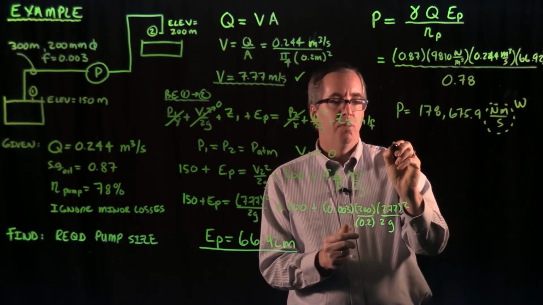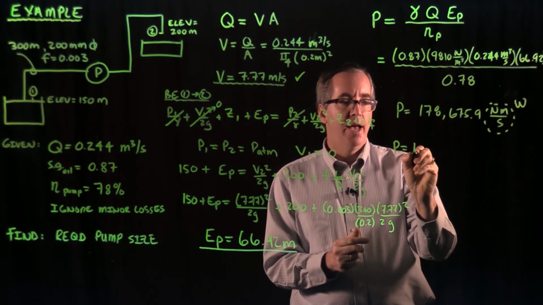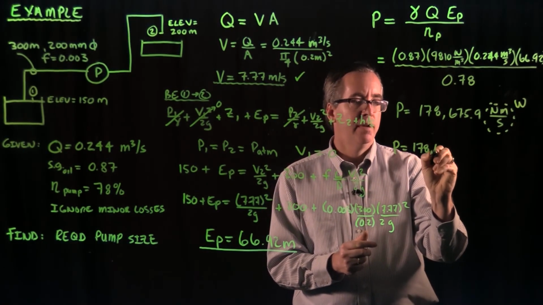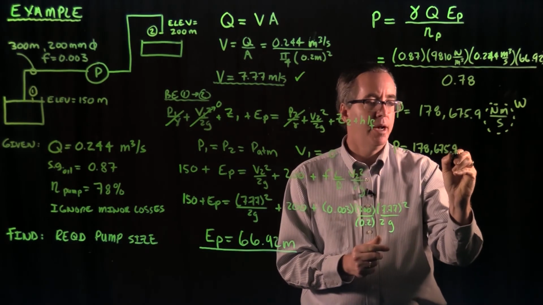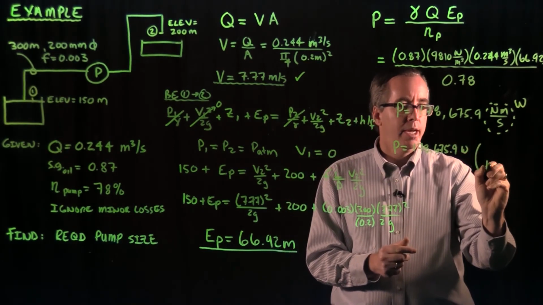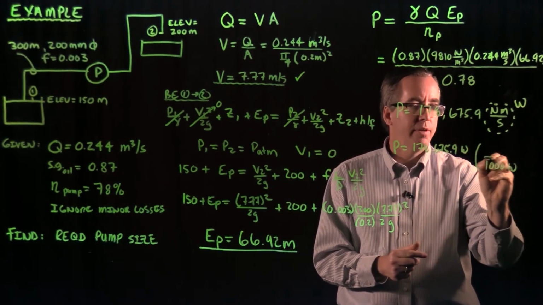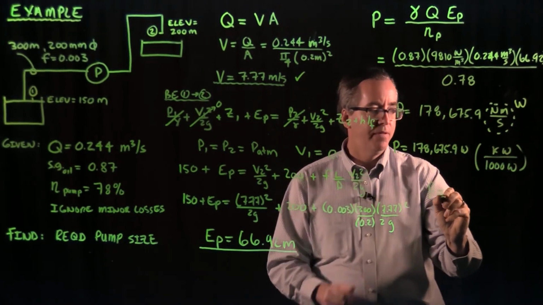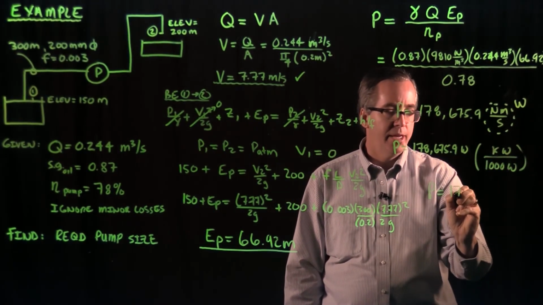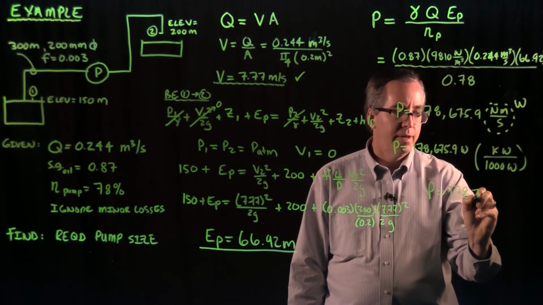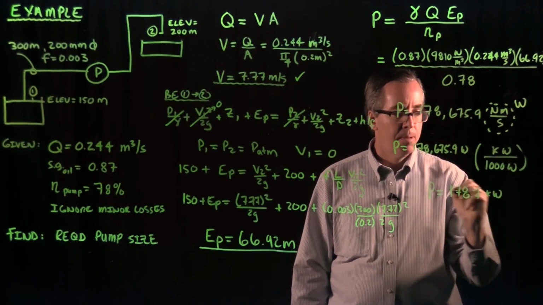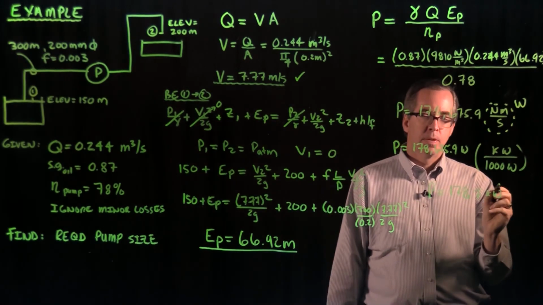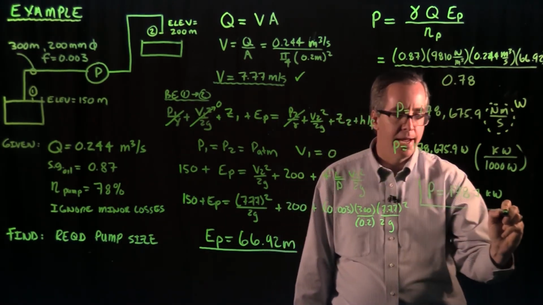So if we have 178,675.9 watts, and you have 1,000 watts to a kilowatt, the pump size would have to be about a 178.7 kilowatt pump. So technically that's the answer.